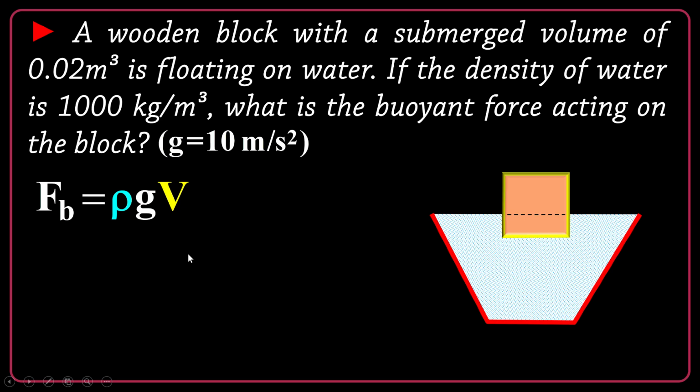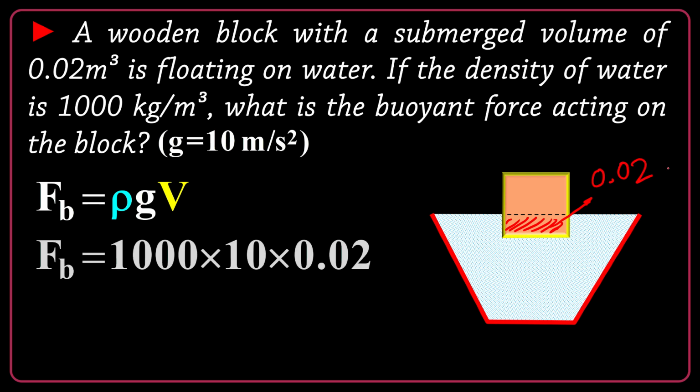Rho is the density of water here as the fluid. G is the gravitational acceleration given to be 10. And V is the volume of the displaced liquid, here the volume of the submerged part of the object. This volume is given to be 0.02. So I plug in the values accordingly.